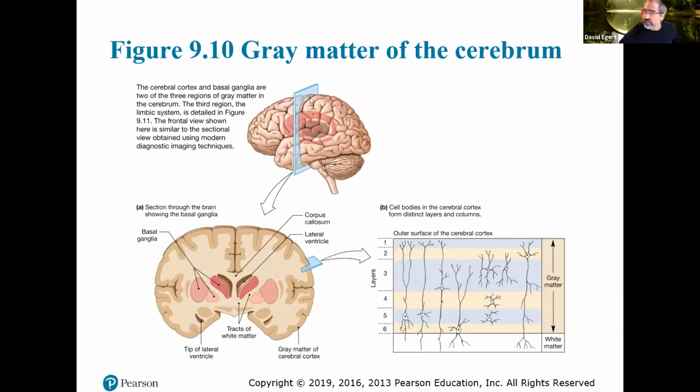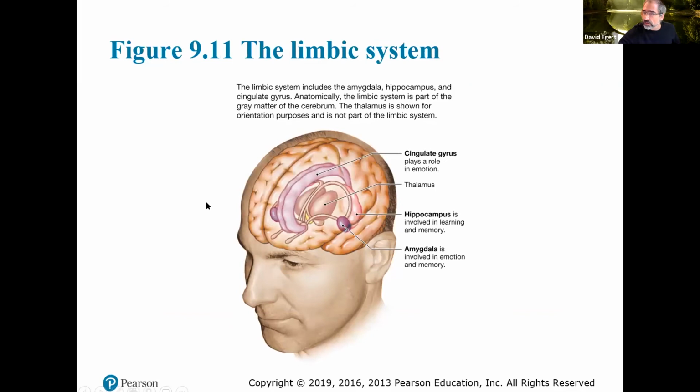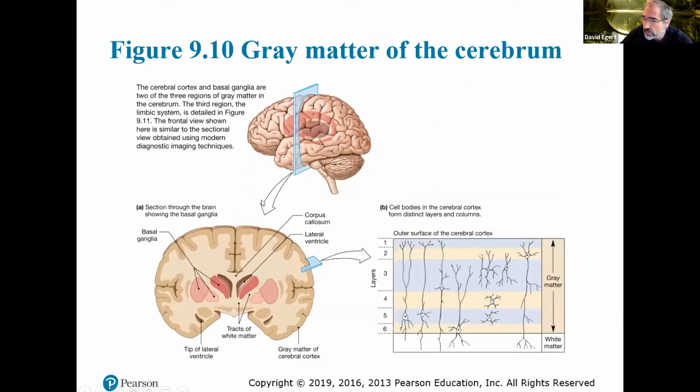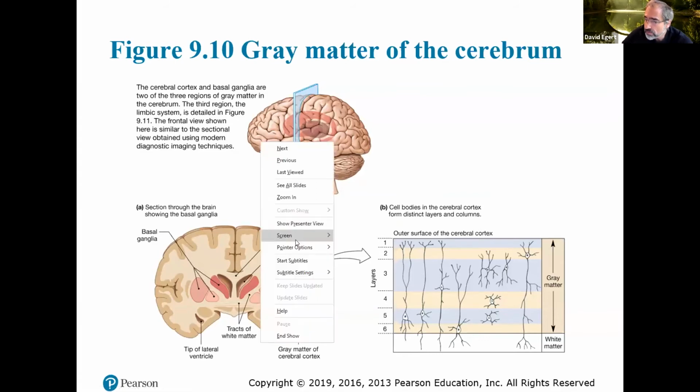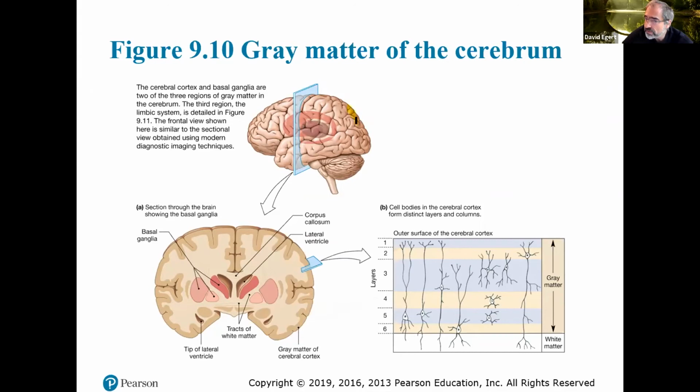So here you can see the brain, and here you can see the cortex that we've been talking about, but then this area, which is pink here, that is these deeper pockets of gray matter, these nuclei.